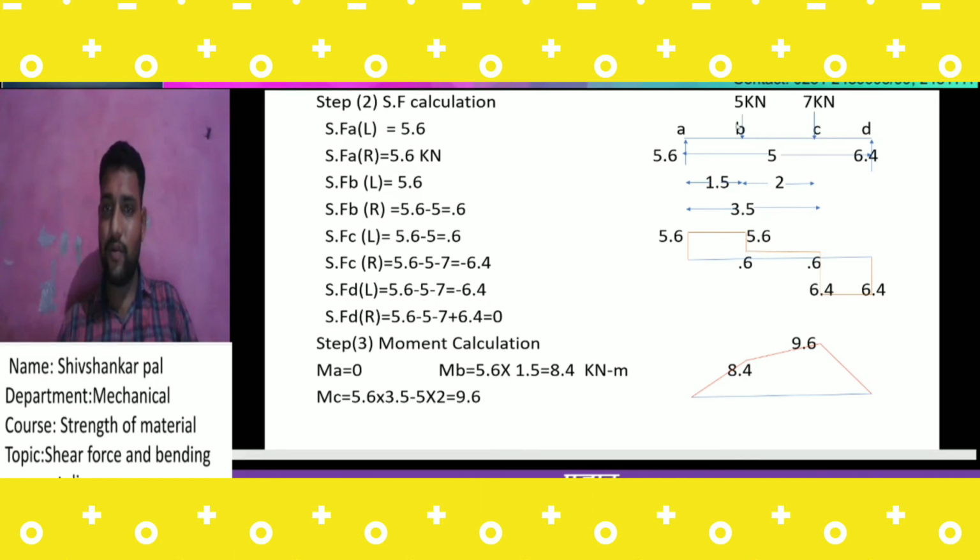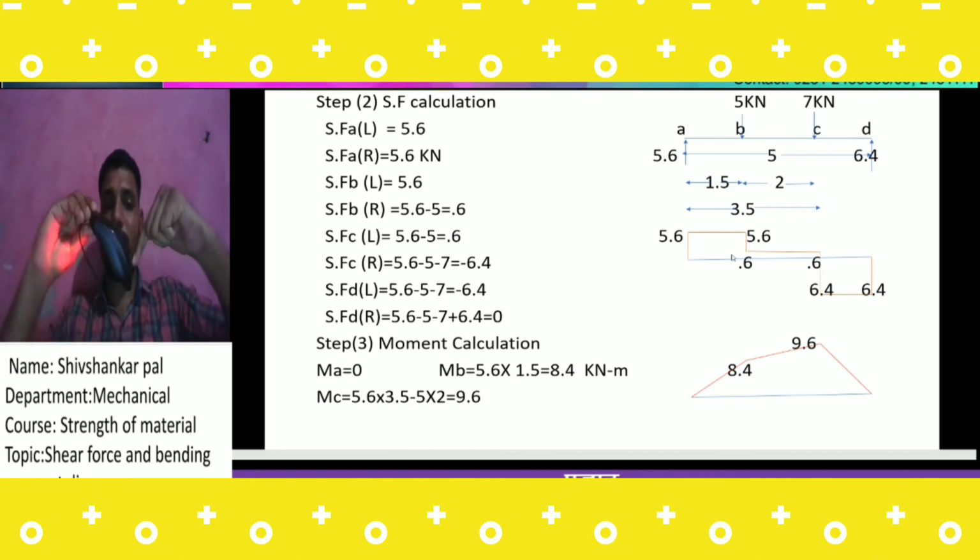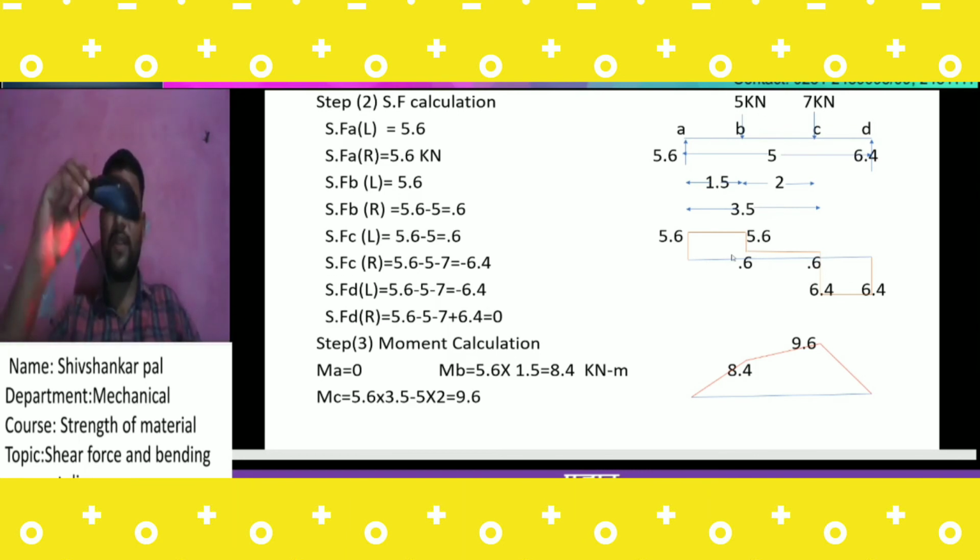At point C, due to the 5 kilonewton loading at point B, the load tries to move downward, which means it rotates in the anti-clockwise direction. So the sign of the moment is negative, and force into perpendicular distance is the moment: 5 kilonewton times 2 meters.